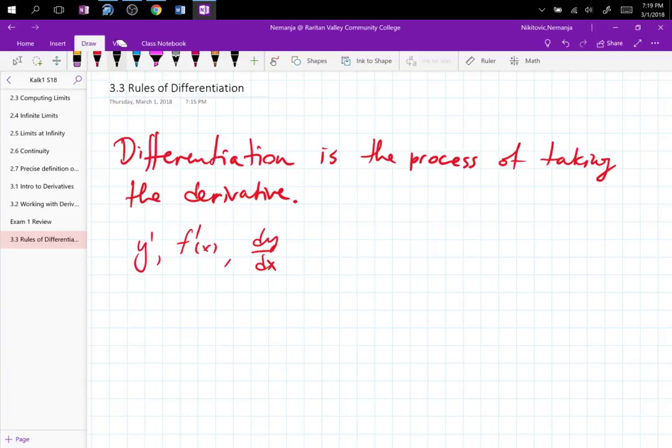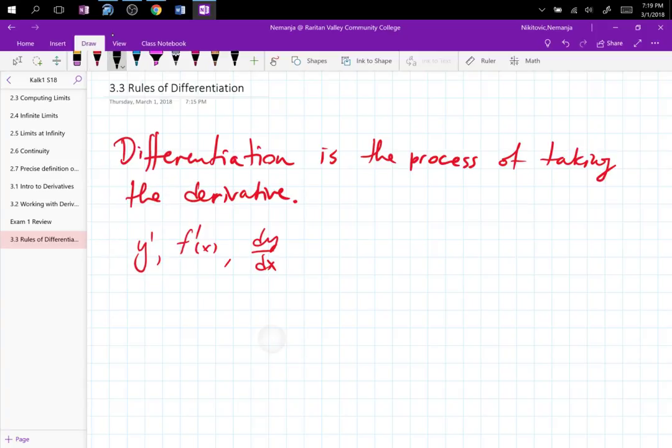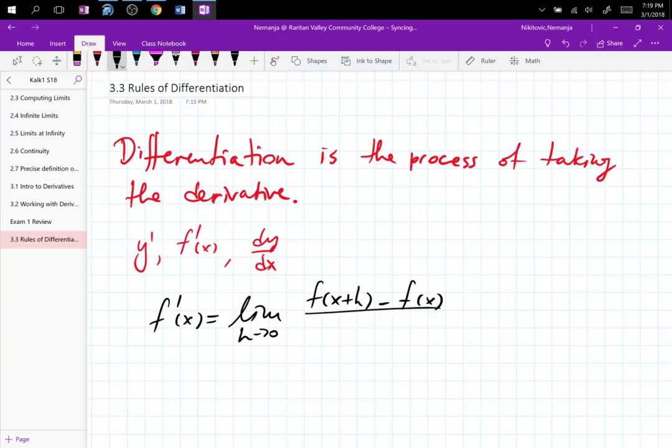So far we also learned that the way to take the derivative is to do that limit. So f prime of x was defined as the limit as h goes to 0 of f of x plus h minus f of x, divided by h. And this was the formula that will compute the derivative.